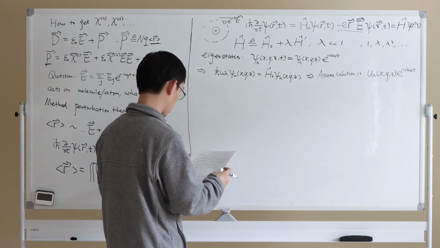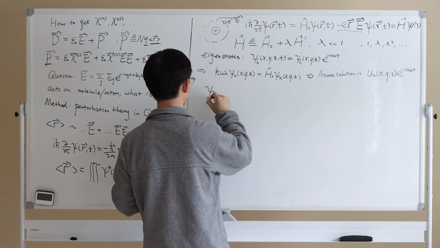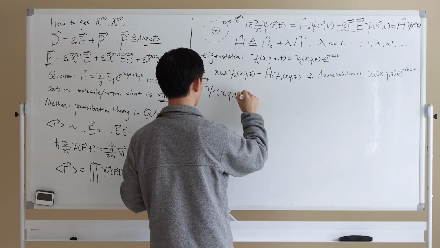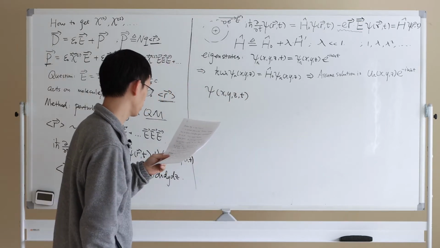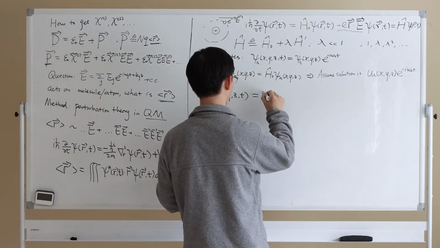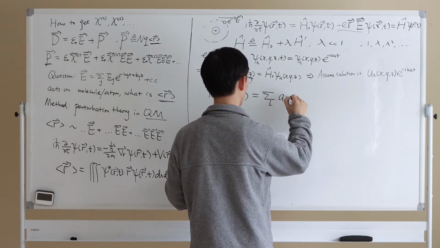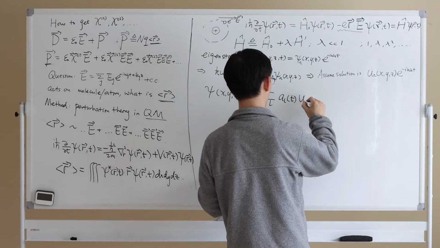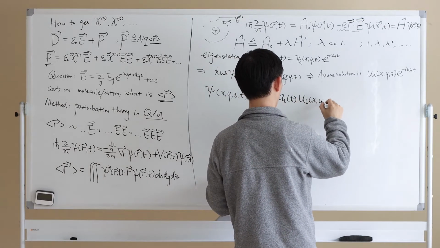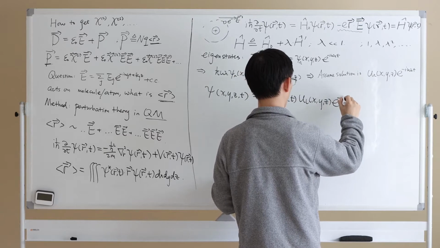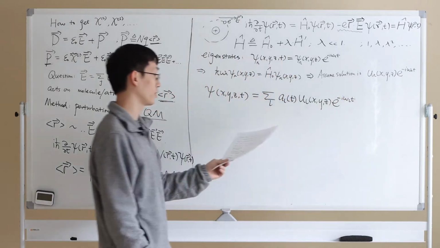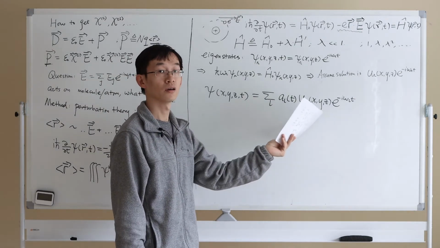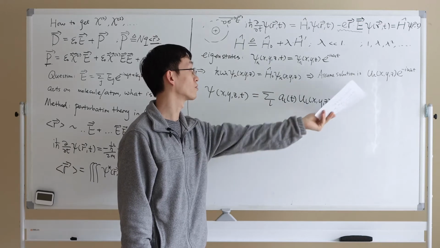Then what you can do is say, in general, the solution would be a linear combination of all the eigenstate functions you get.